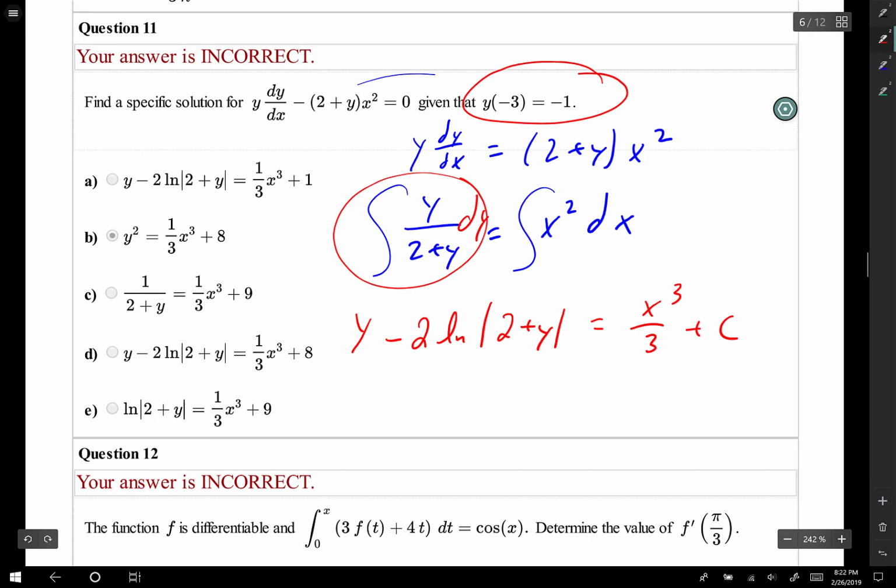So I'm going to type negative 1 minus 2 ln absolute value of 2 minus 1, which is 1. ln of 1 is 0, by the way. Equals negative 3 to the third power over 3 plus c. That goes away. Negative 1 equals negative 3 to the third power, we'll take one of those out, so negative 9 plus c.